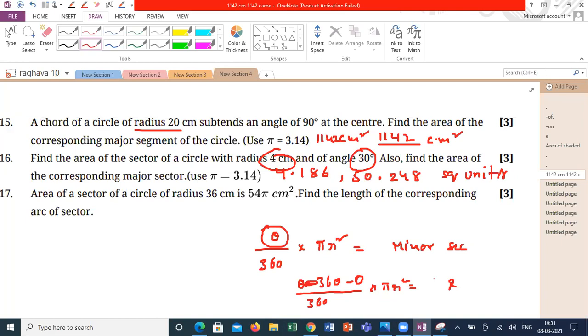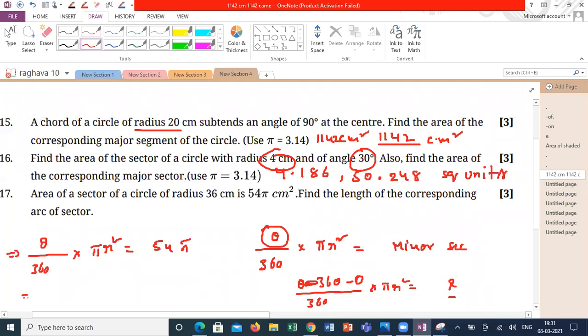Area of sector of a circle of radius 36 centimeter is 54 pi centimeter square. Find the length of the corresponding arc of the sector. Sir, for the 17th question, I got the answer as 9.42 centimeters. So this is the procedure. Theta by 360 into pi r square will be equal to 54 pi. Yes, sir.